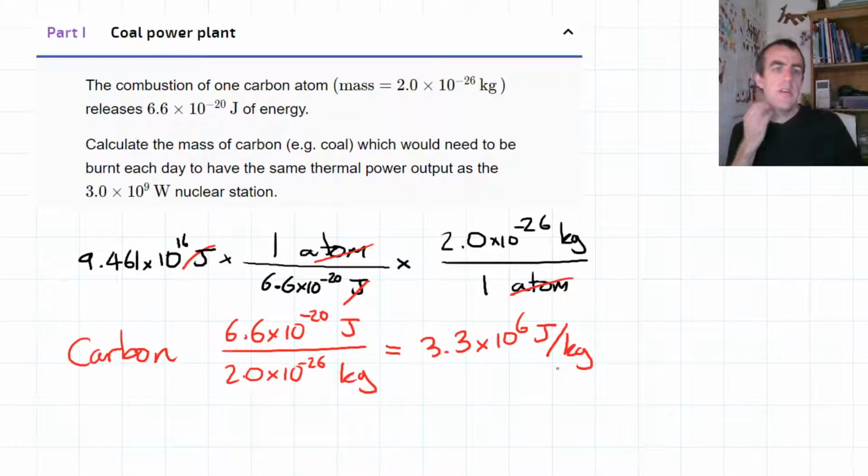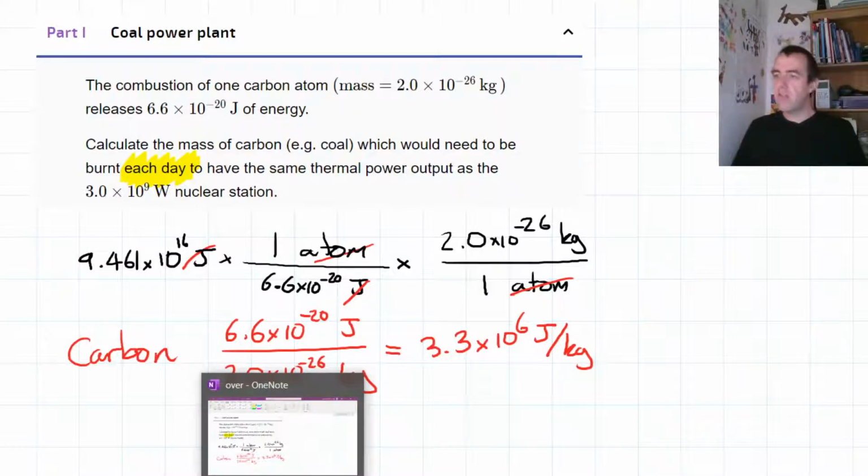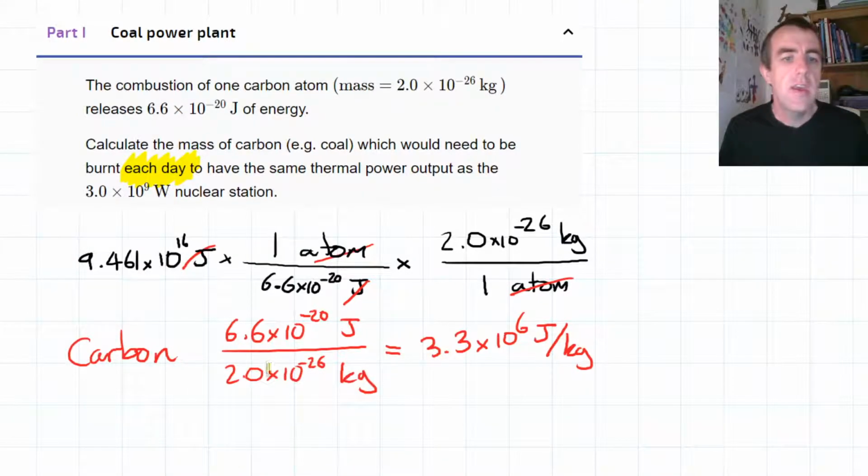Now, I don't think you need to do that because I've already got the amount of energy in a year. Ah, good catch. Good catch. Well done, Lex. So, you would have needed the amount I just calculated in a year, but this question, reading the question carefully, says how much do you burn in a day?